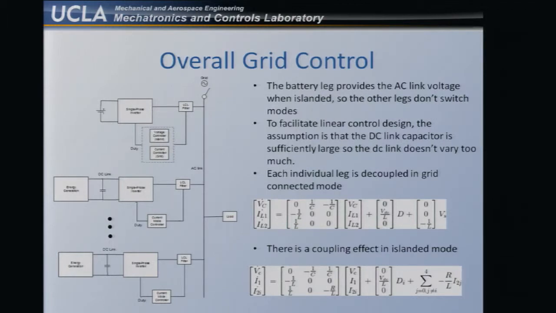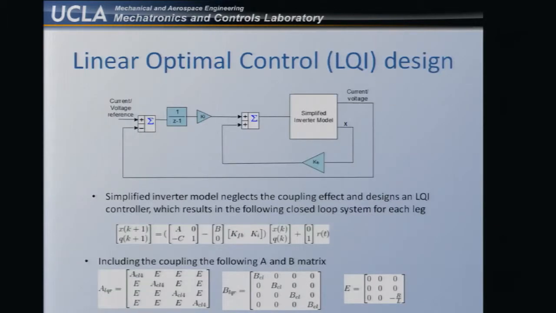But if you have the islanded mode, then you have this coupling here, that this is each DER, but it has coupling from other sources also. And so the question is, how strong is this coupling? Because when we design the inverter control for each DER, hopefully we want to do decentralized control. We don't want to have communications between each DER.